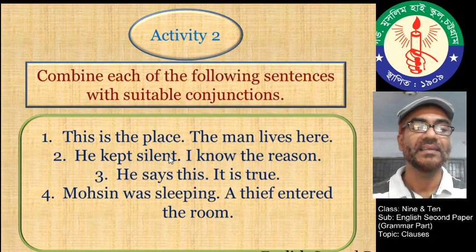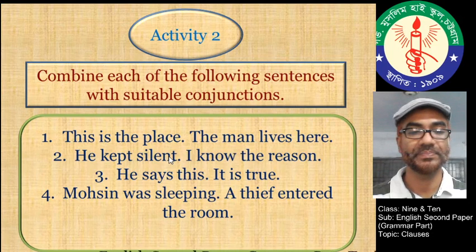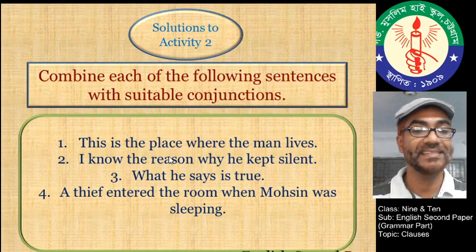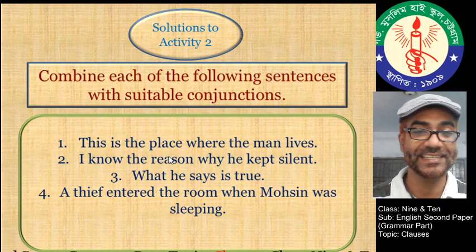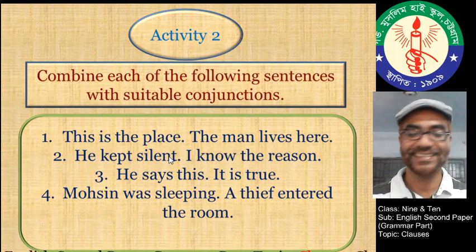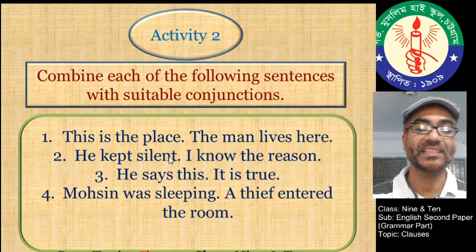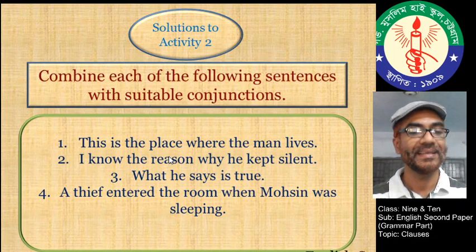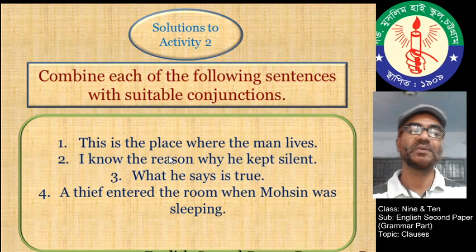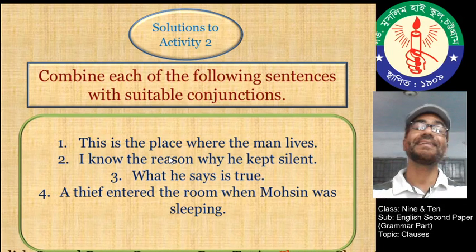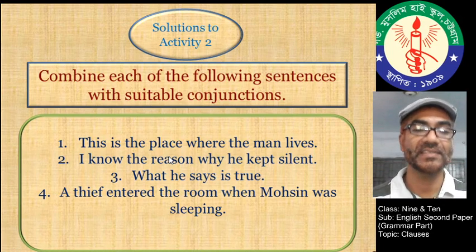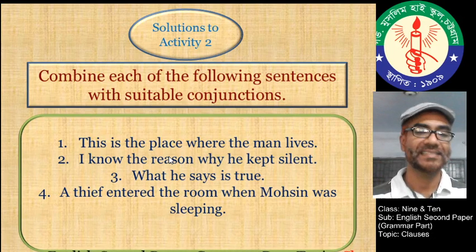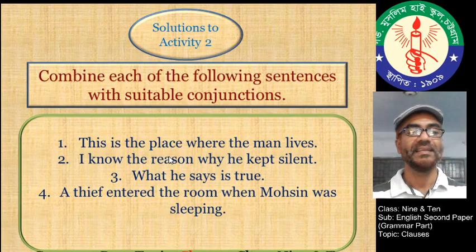And number 3: he says this, it is true. What he says is true. We are just stating suitable connections. And the last one: Mohsin was sleeping, Atif entered the room. Atif entered the room when Mohsin was sleeping. If you have already done this activity in your exercise book, just match your work with this solution. Okay, let's move on to the next.